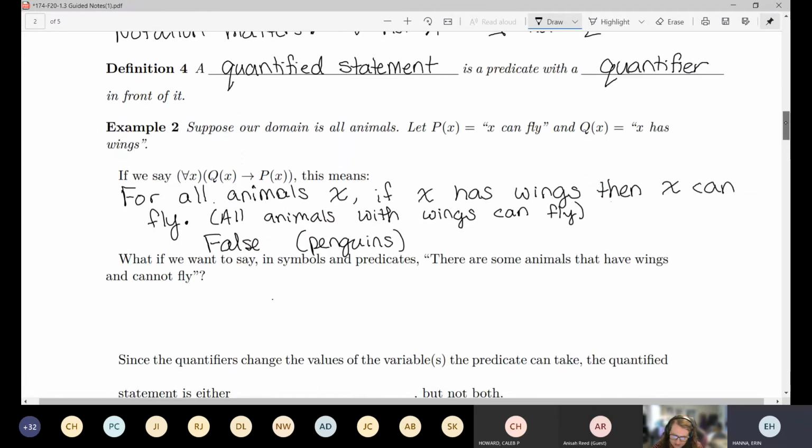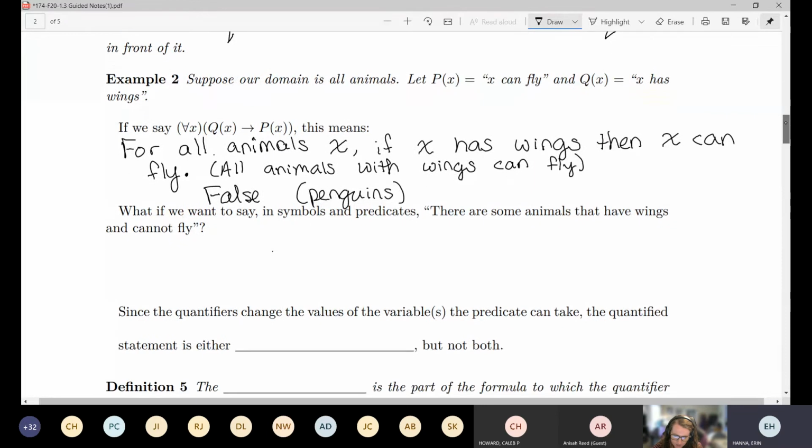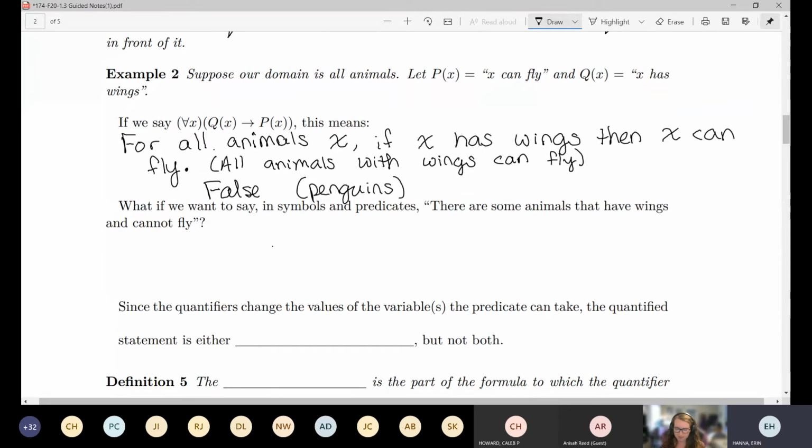So what if instead I wanted to say in symbols and predicates, there are some animals that have wings and cannot fly. Going from English to symbols, like almost everything else I've said in this class so far, takes a bit of practice.